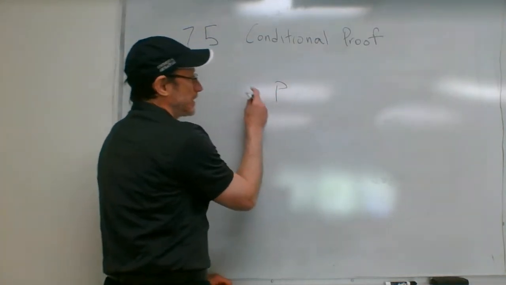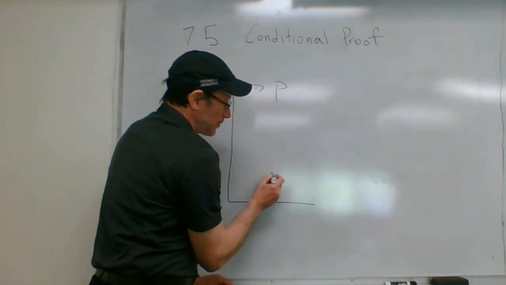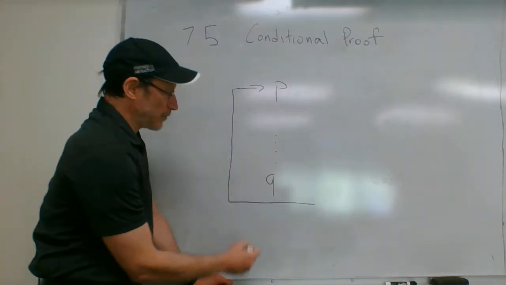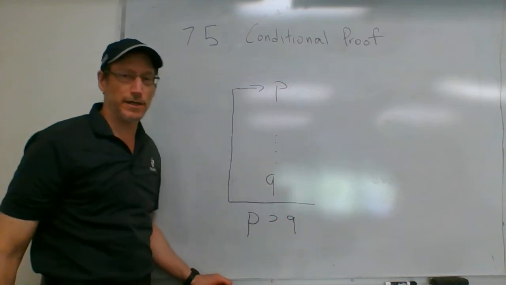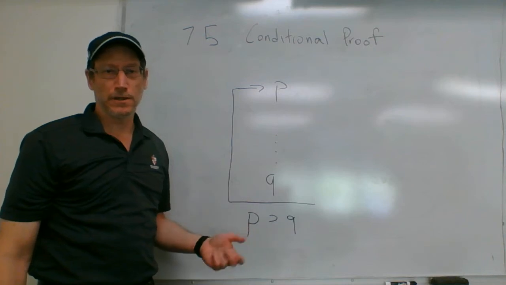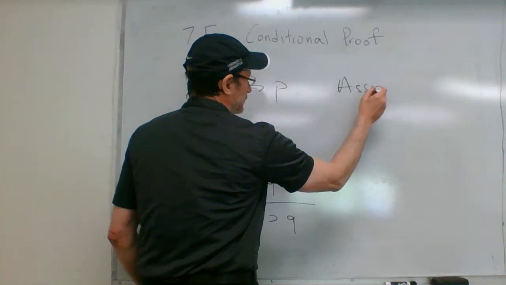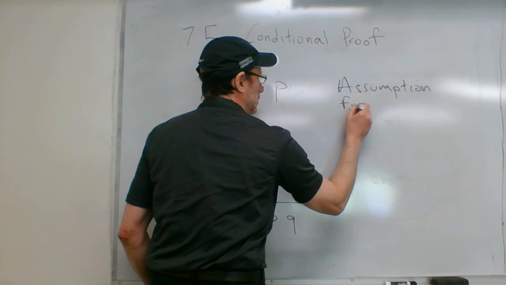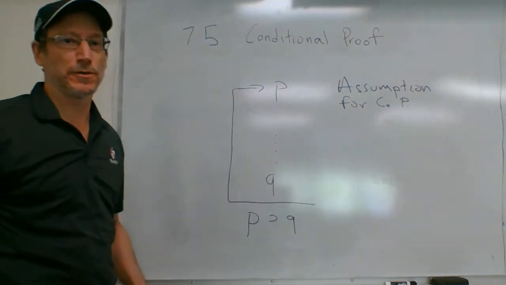If I assume that P is true, and I can show that Q follows from P, then I will be able to infer that P horseshoe Q. Basically, at any time I'm in the middle of an argument, if I make an assumption, so this is going to be called an assumption for CP, an assumption for conditional proof.